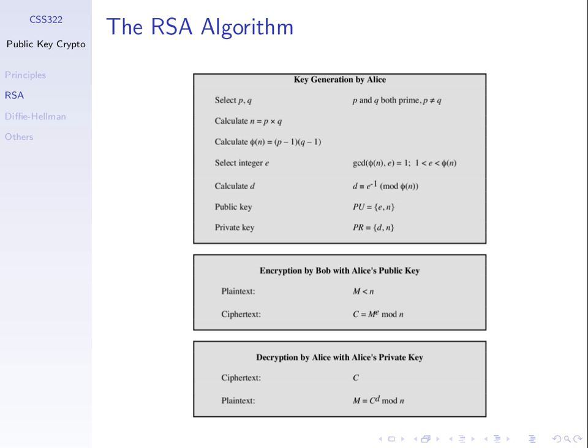That's the way that they were chosen. E and D are multiplicative inverses in mod the totient of N, which is really written as D equals E to the minus 1 mod the totient of N. It's the same meaning there. E and D are inverses, multiplicative inverses.